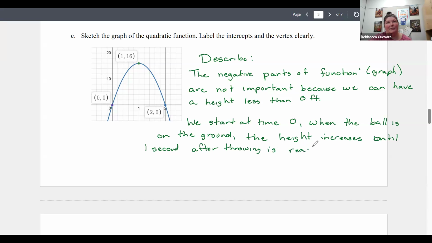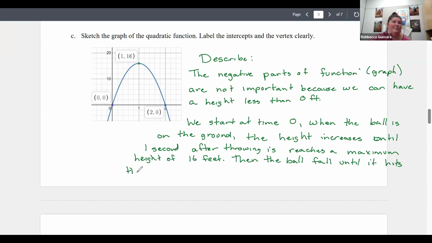It reaches a maximum height of 16 feet. Then the ball falls until it hits the ground at 2 seconds, which is 2 seconds from throwing.